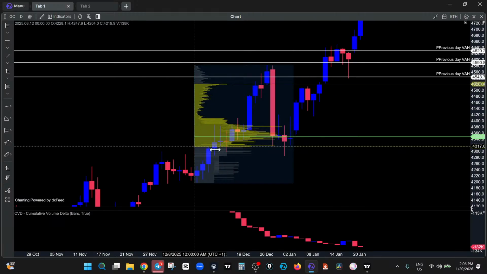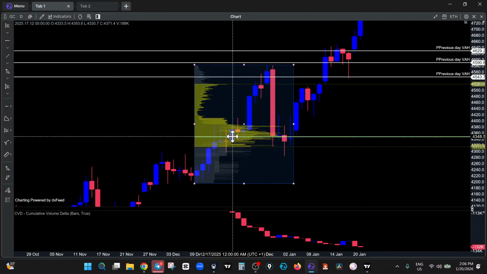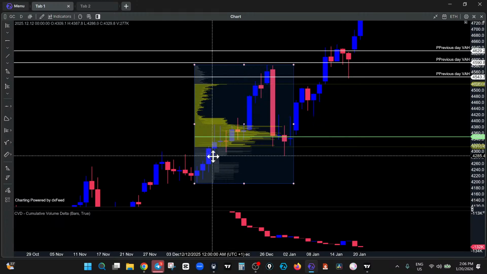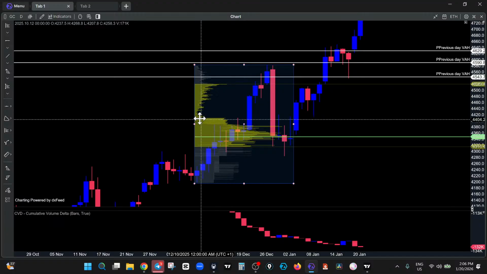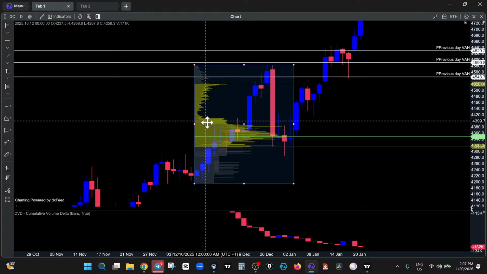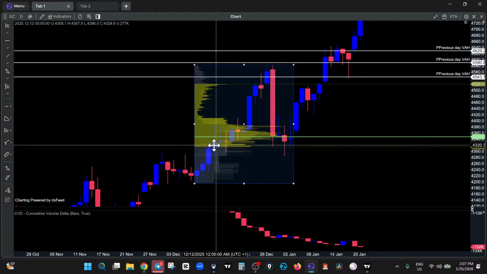So have you seen, most of the orders happened here, and the green line is the point of control. That is where the highest volume was traded. And then this shaded yellow color here shows 70% of volume traded within that range, right? But as you can see, within that consolidation, we have more volumes.